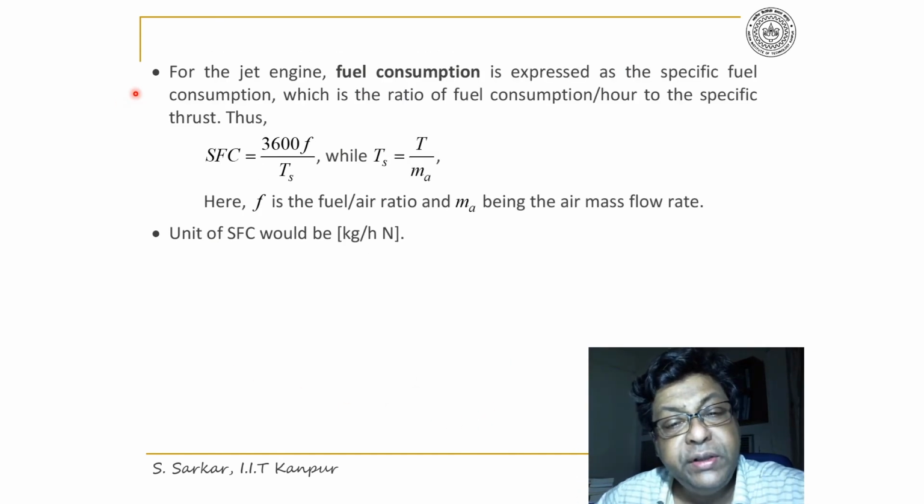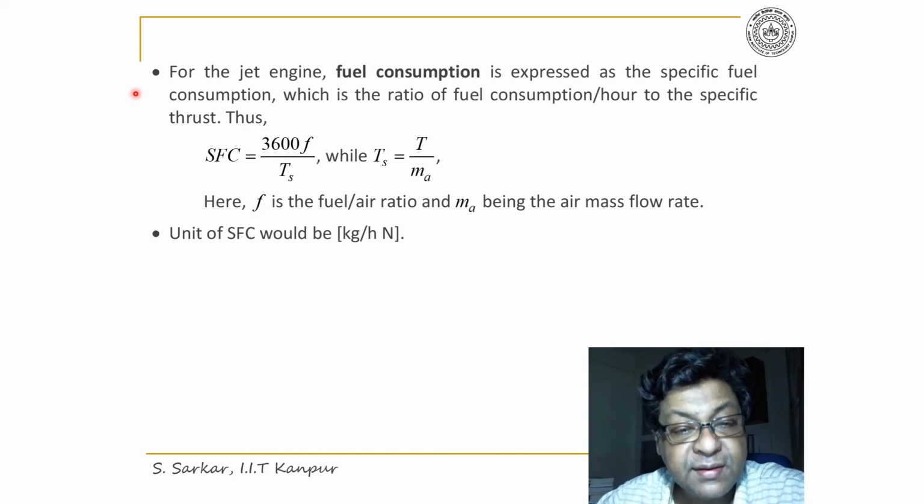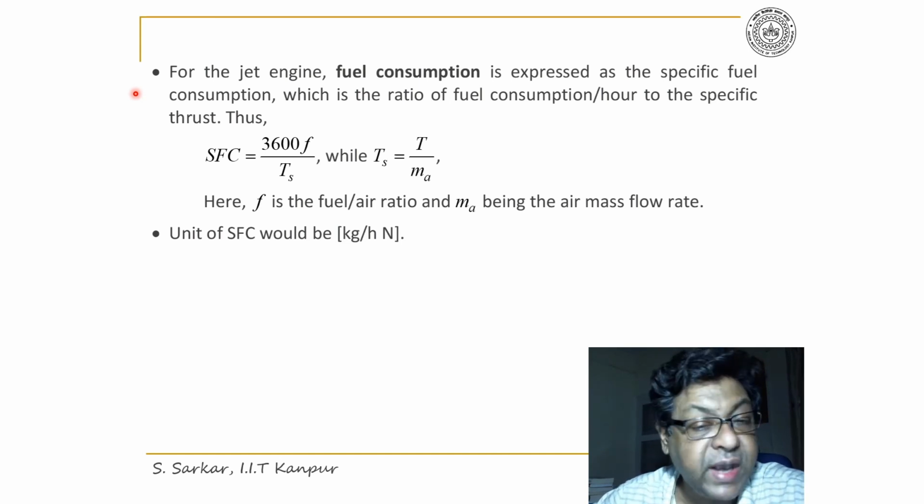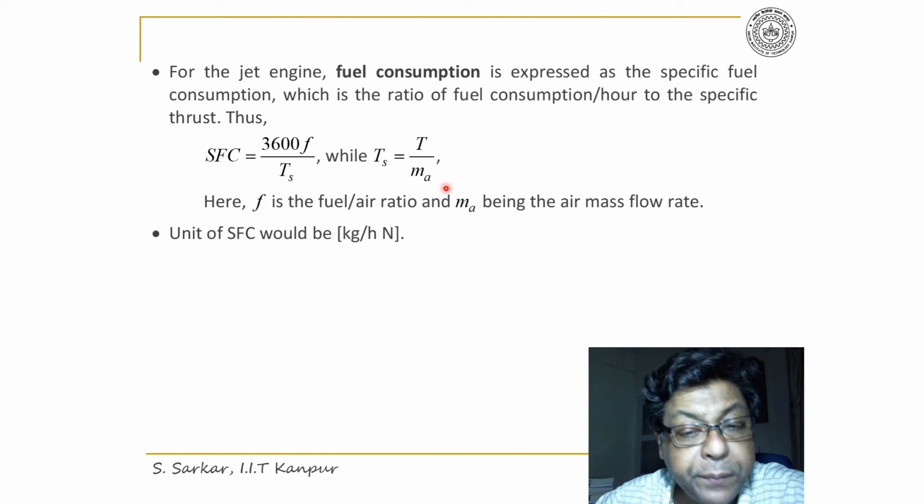For the jet engine, the fuel consumption is expressed as the specific fuel consumption, which is the ratio of fuel consumed per hour to the specific thrust. Thus, the specific fuel consumption can be expressed as SFC equal to 3600 f divided by Ts, where Ts being the specific thrust, which can be expressed as T divided by m, where m being the mass flow rate.